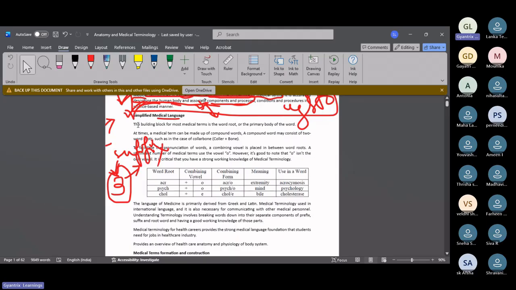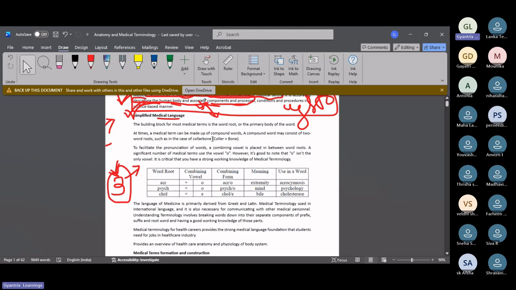The building blocks for most medical terms is the root word, which indicates the primary body of the word. And at times a medical term can be made up of compound words. Compound words may consist of two words, such as the case of collarbone.